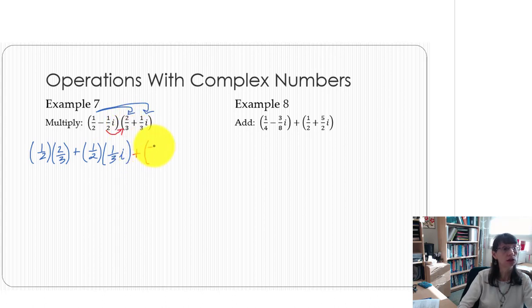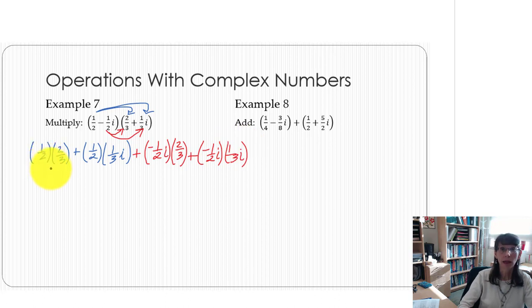So I will just include that negative with the fraction. So I'm adding a negative, which is the same as subtracting, and I'm multiplying by positive 2/3. And finally, negative 1/2 i is multiplied by positive 1/3 i. So that's addition of negative 1/2 i multiplied by positive 1/3 i.